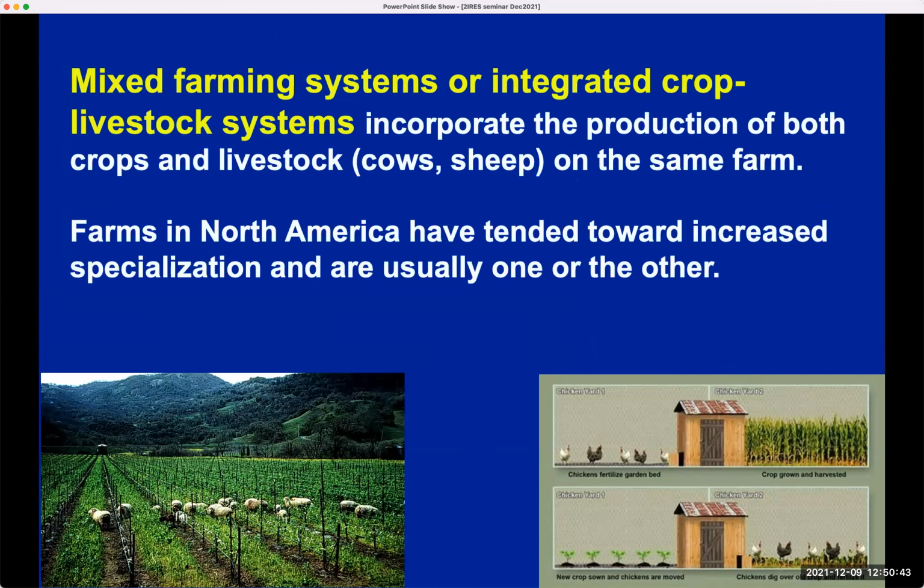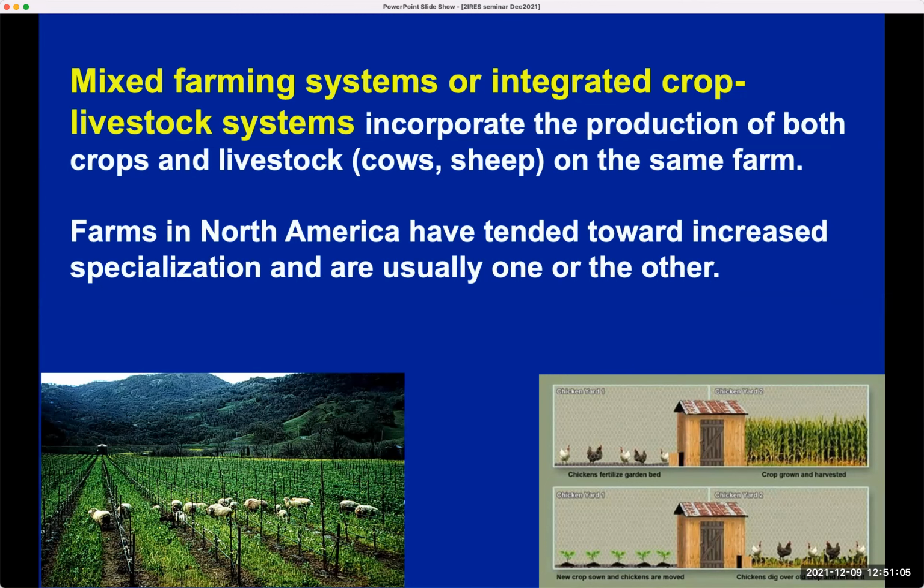Mixed farming is still pretty big in Europe, definitely in Australia, New Zealand, and other parts of the world. It's not so big in North America, where you incorporate both the production of crops and livestock on the same farm. It can be grains; you can even do fruits and vegetables.